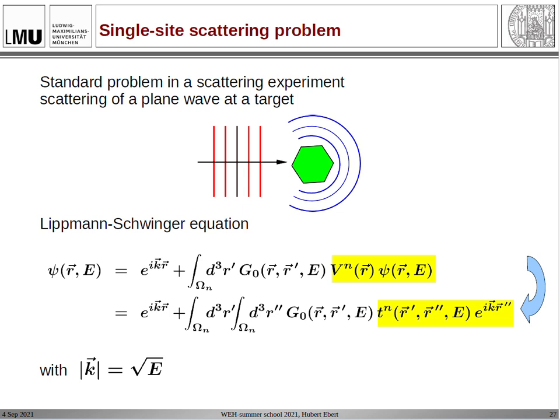And in this sense, the single-site problem is still a multiple scattering problem, but the multiple scattering takes place inside our target. What we later on are interested in is only how that scattering inside the target shows up outside, and we can represent it at the end by a corresponding matrix.